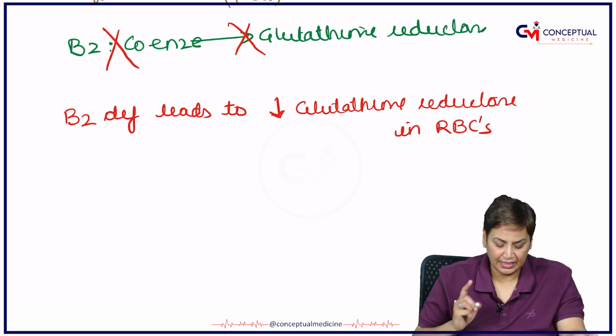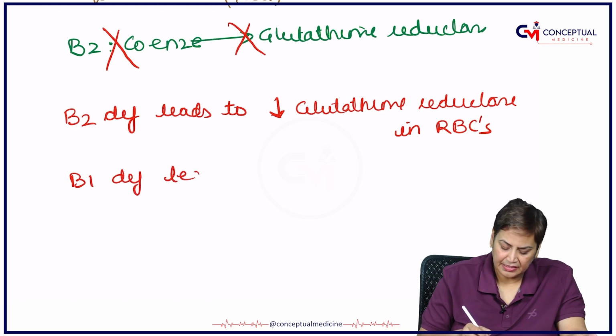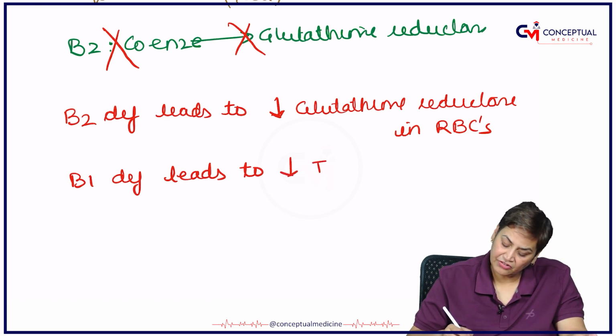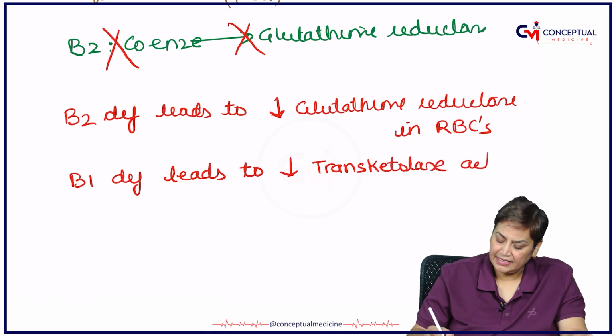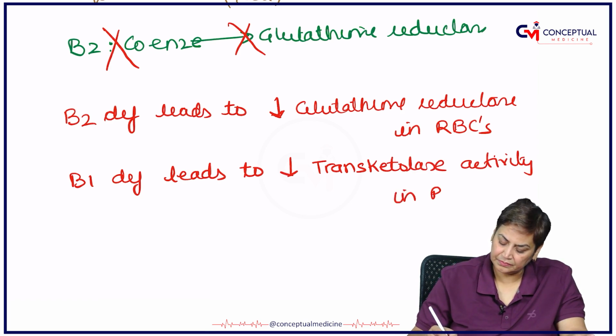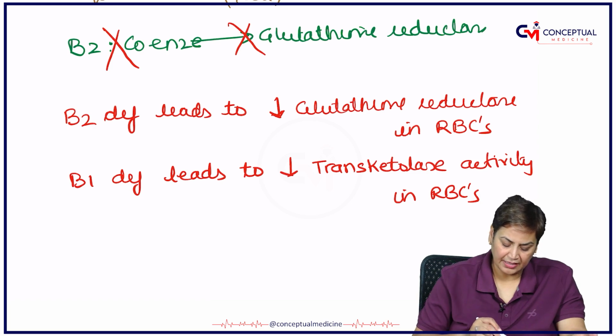This is very important. And B1 deficiency leads to decreased transketolase activity in RBCs. So both are different.